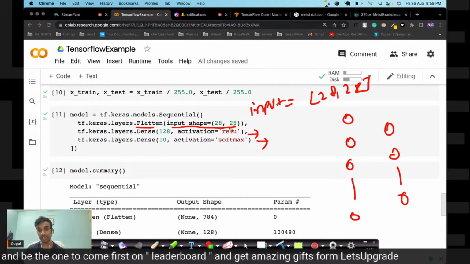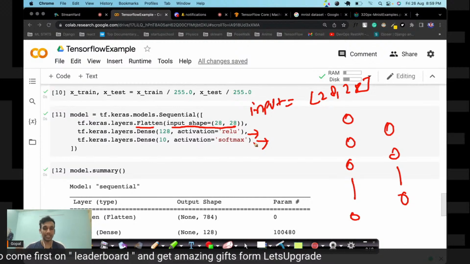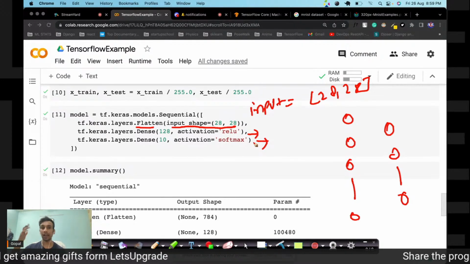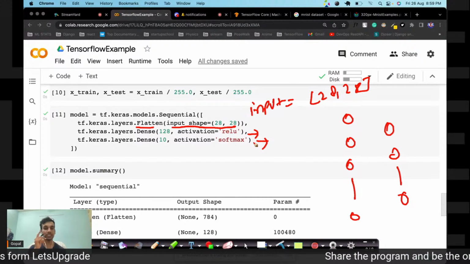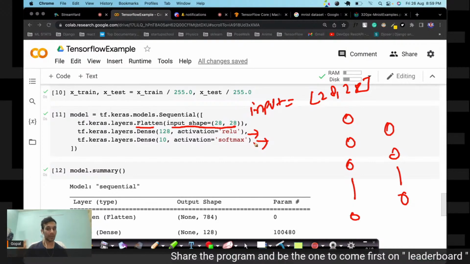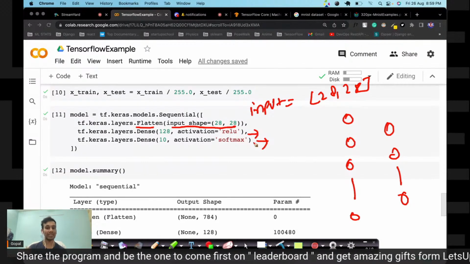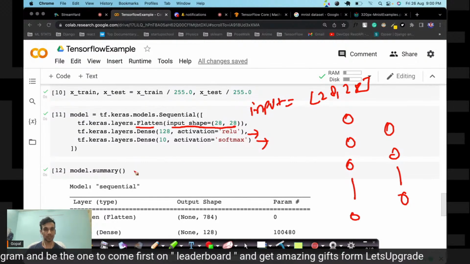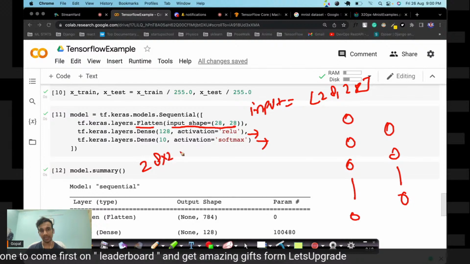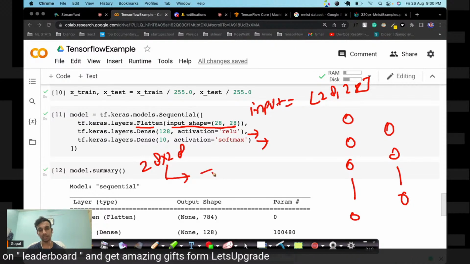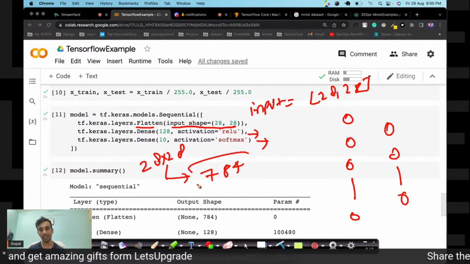But the input layer cannot be a grid; it has to be a single vector. So we have to convert that grid into a single vector. How exactly are we doing it? By flattening it out. That's it. When I say 28 cross 28, we are flattening these values out into 784 values.